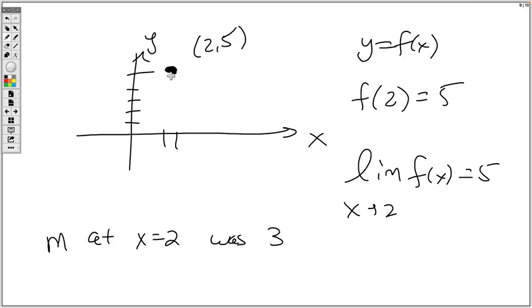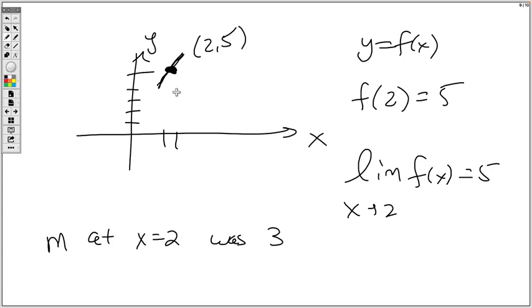What's positive 3 look like? Is that an increasing line or decreasing line? It's an increasing line. So locally, it looks like this. You follow? So now that tells you not only what's happening near 5, but also gives you a direction. You with me or not? It tells you what the thing looks like locally as a line.